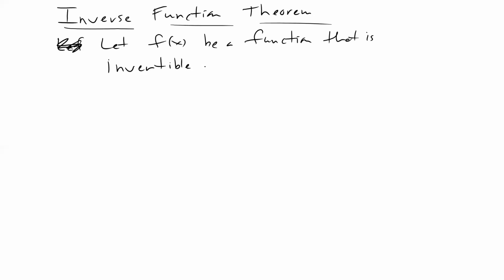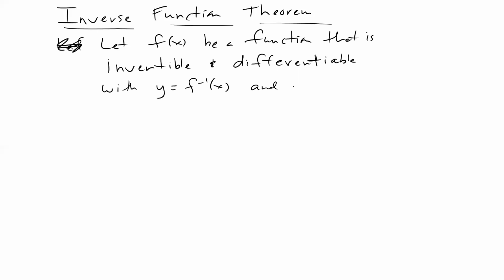And differentiable. Good. So there are two things here. It has to have an inverse, or else we can't play this game. And it has to be differentiable. And then we define y as equal to the inverse of that f.